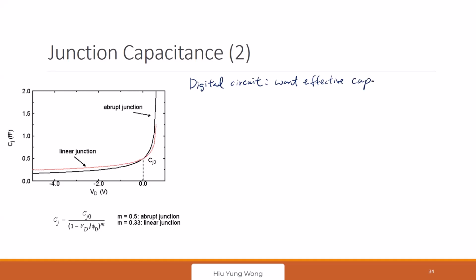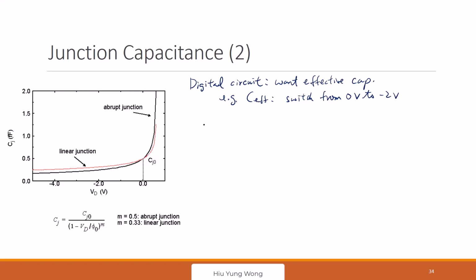But what is the effective capacitance? For example, what is the effective capacitance when I switch from 0 volt to -2 volt or VDD? That is what happens to your junction in the MOSFET. So how do we do that?